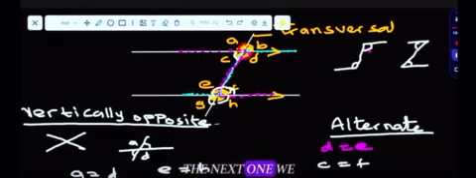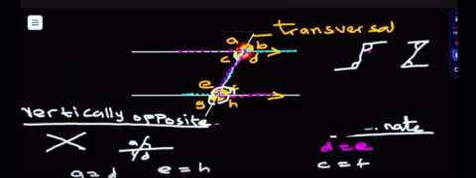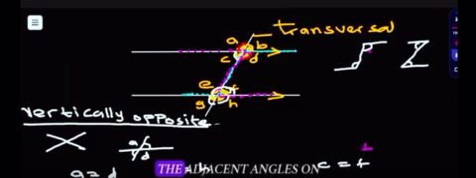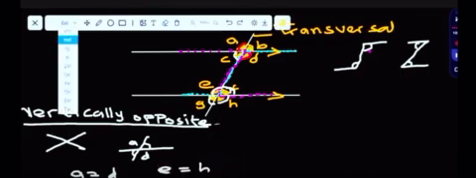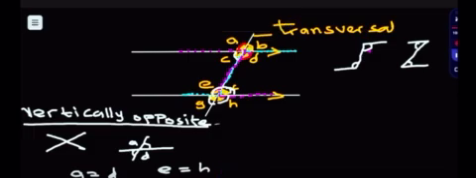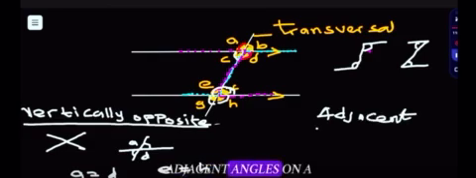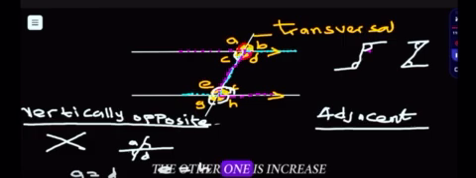The next one we shall consider is the adjacent angles on a straight line. In this case, they are not equal. Instead, they add up to 180 degrees.